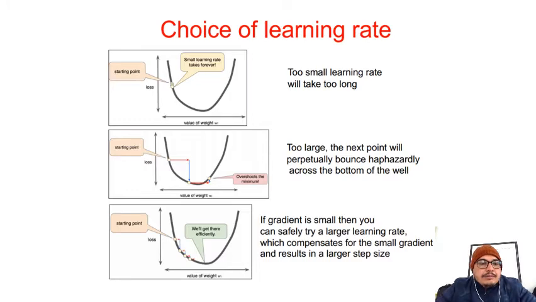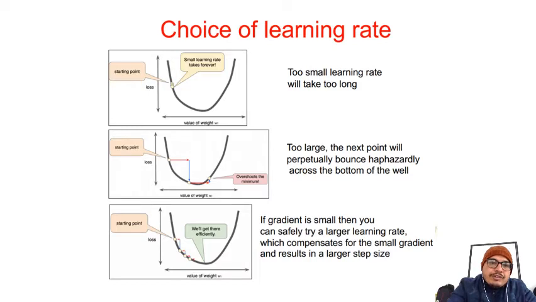Okay, so there is a choice of learning rate. Though visually we have understood what this gradient is, once we calculate a gradient, we get the direction of where we need to walk, right?